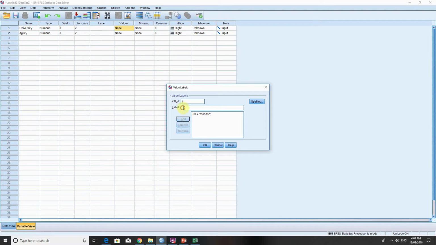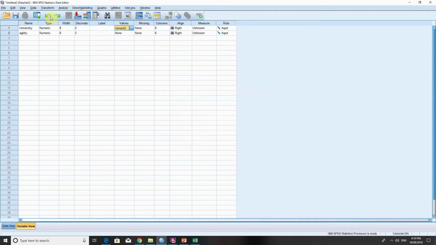And I'll only input 2 of the data sets for now, just to make it a bit speedier. So selecting what university you're from, that's something you nominate. You say, I'm in the UOW team or I'm in the Monash team. So the measure is nominal. Agility is something that's measured on a scale. It's not given a rank, it's just a scale.